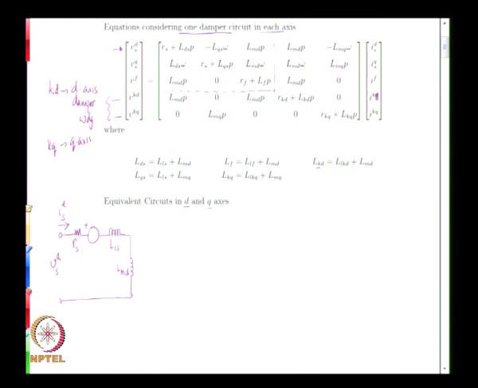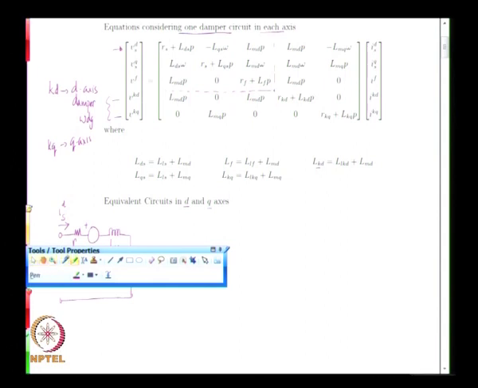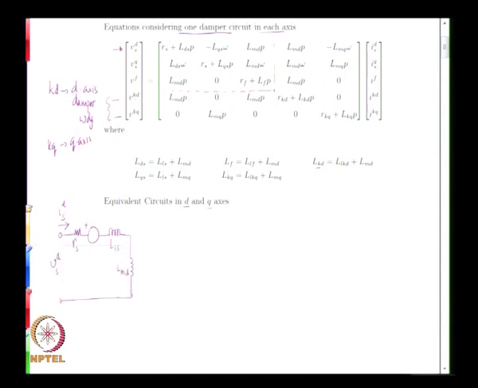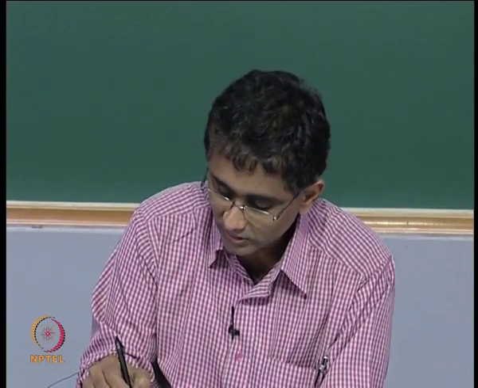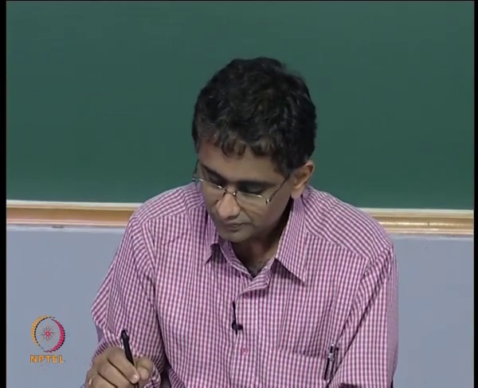Now, let us look at the equation for KD, that is this equation. Normally, VKD, which is the voltage applied to the damper windings, is equal to 0 because the dampers form a short circuited set of windings, whether it represents the rotor body or the damper bars, both are anyway short circuited.